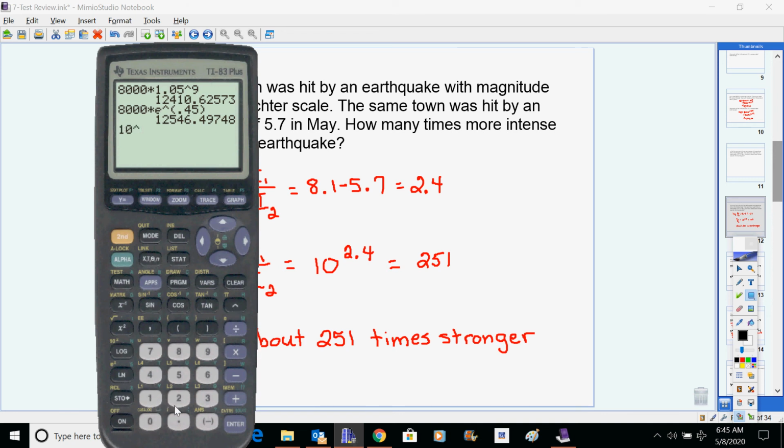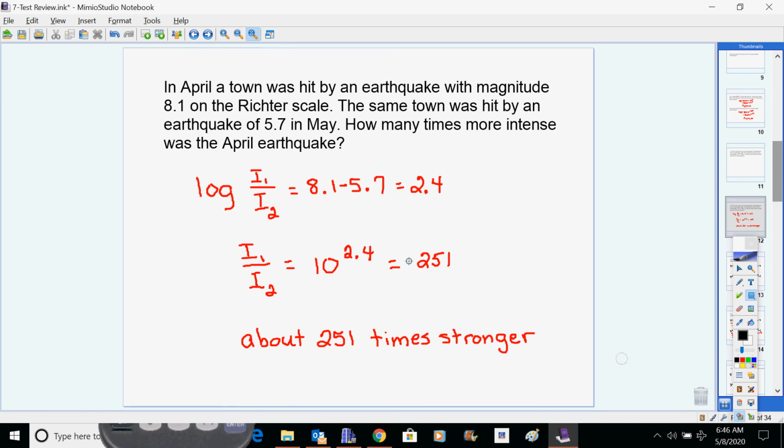Remember the caret means 2.4, and you get about 251 times stronger. This earthquake was that much stronger than that earthquake. So you set it up, and the calculations go straight into your calculator.